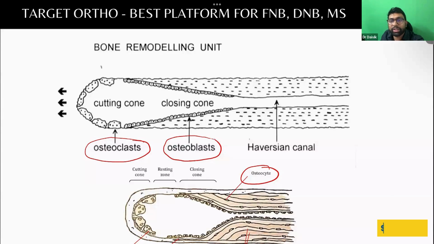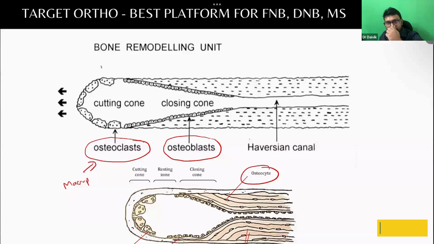Now, can you tell me what are the origin of these cells? How are osteoclasts formed? From which cells are osteoclasts formed? Quickly, these are one-word answers. Okay, correct. So macrophages. Anything in specific, which type is it seen more commonly in?